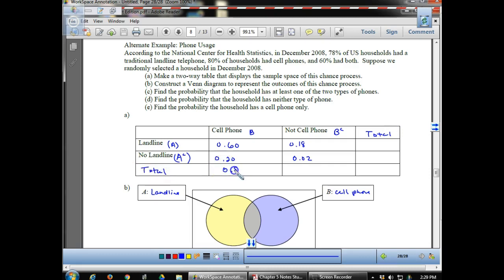So here I get 0.80, 0.20, and I should get 1. Here I get 0.22, and here I get 0.78. Now I want you to notice that this may not always be exactly 1 due to round-off error.